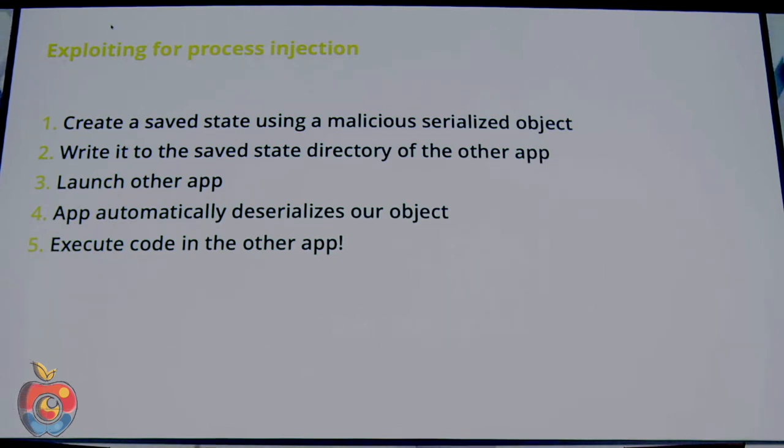Well, did somebody else already find such a serialization chain of objects that I can use here? So there's this ysoserial project, and ysoserial.net for C#, that you can use for Java serialization or for C# serialization, but nothing like that for Objective-C seemed to exist.